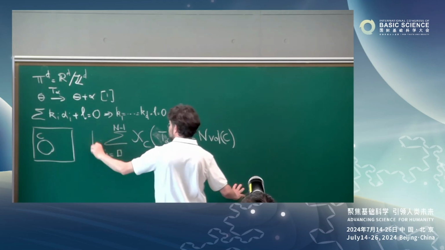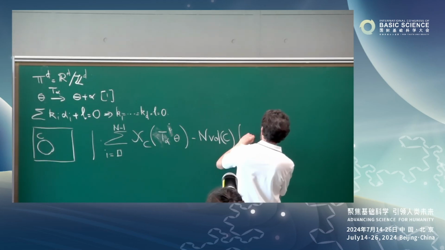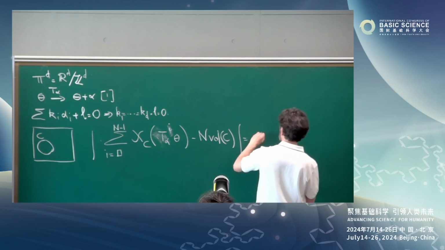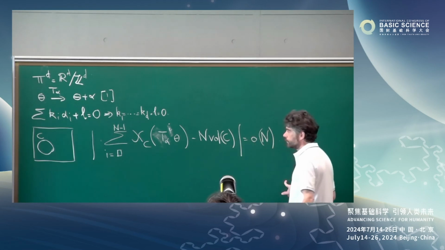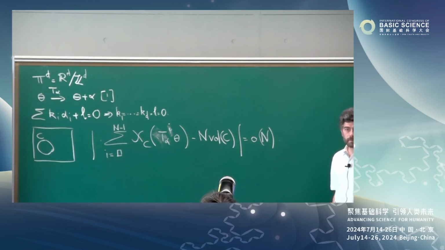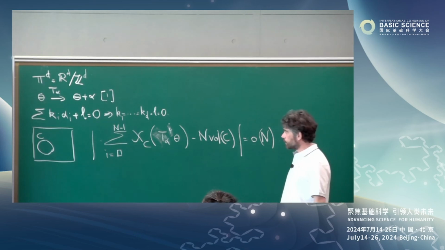And we know that this converges to the measure of C. This is the uniform distribution theorem.